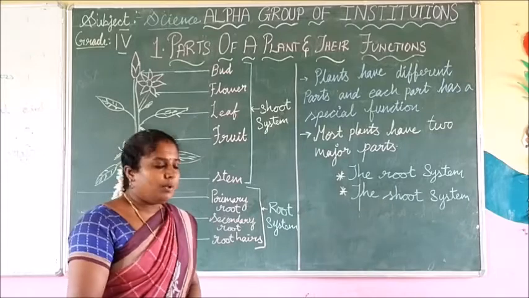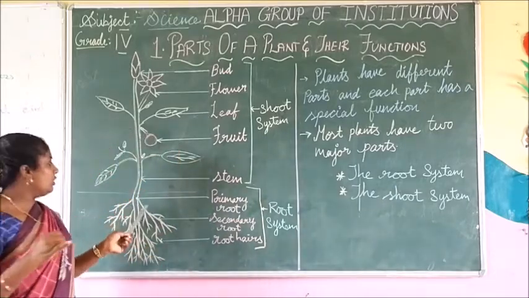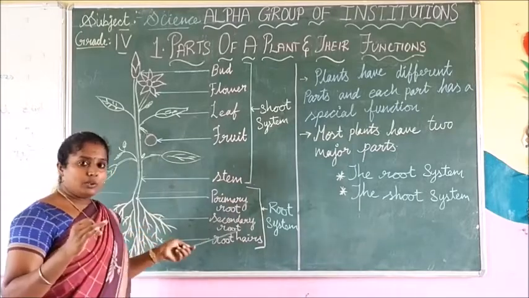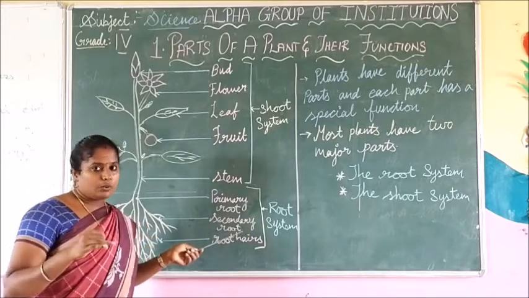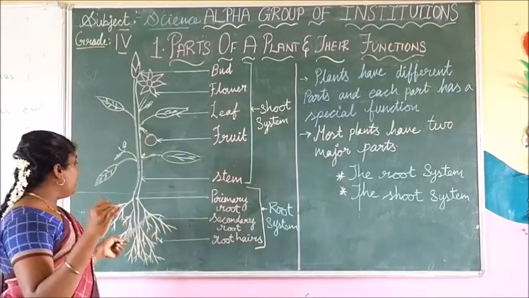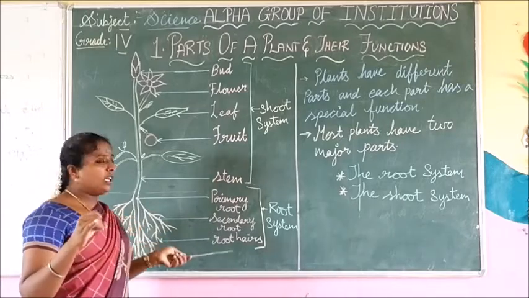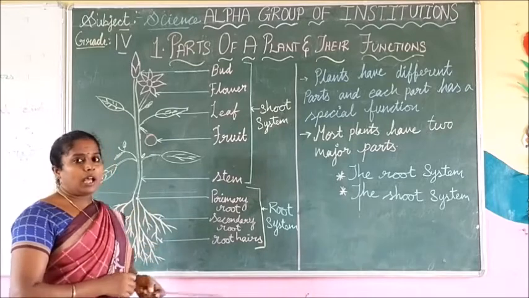The root system includes primary roots and secondary roots. From the primary root we get the secondary root, and from the secondary root we get root hairs.